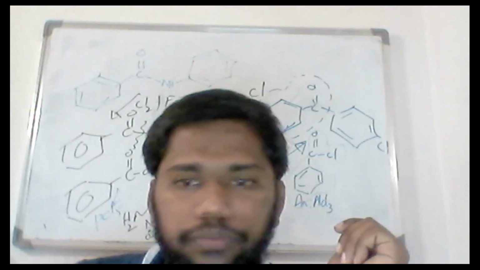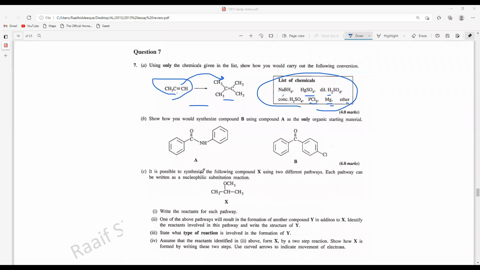Right, so this is our idea. You might have a question why I have directly used these inorganic chemicals. The main point is you can use only A as the organic material, so you cannot use other organic materials. Now in this particular reaction, all the reagents that I have used are inorganic.